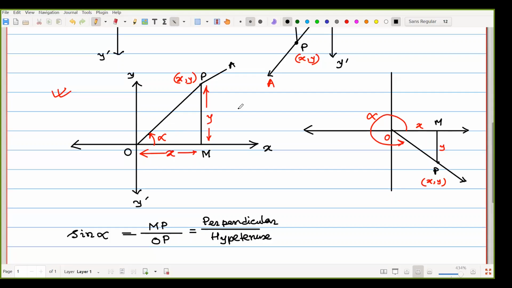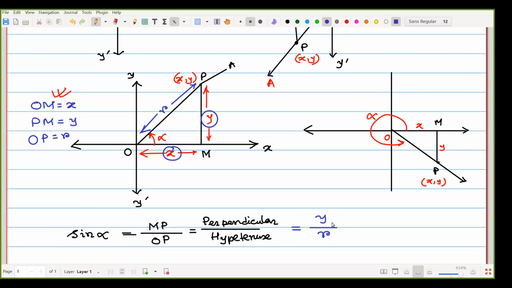Okay. Now that one OM is X, PM is Y. That means we are writing OM is equal to X, PM is equal to Y, and the hypotenuse is taken as R. So that means OP is equal to R. So we can write sine alpha, that means Y by R, perpendicular divided by hypotenuse.